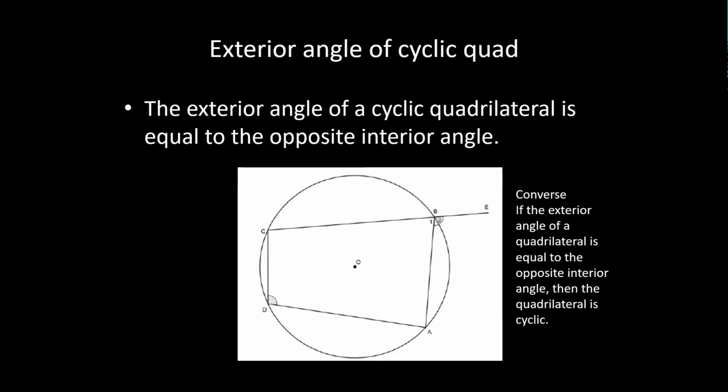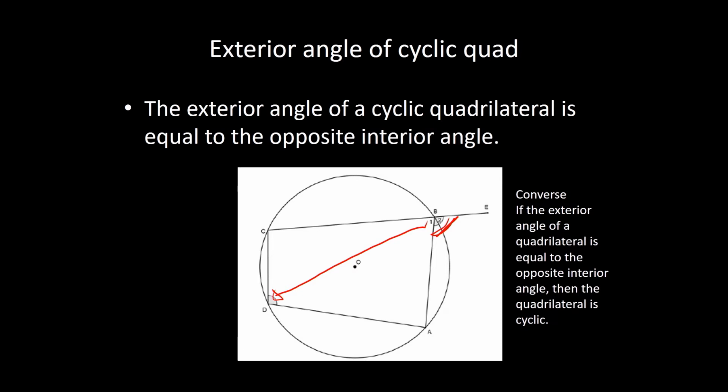All right, sticking with cyclic quads, we have that the exterior angle of a cyclic quad is equal to the opposite interior angle. So B2 will be equal to angle D. This is another one that we can use to prove that a quadrilateral is cyclic. The converse is exactly what we're saying.